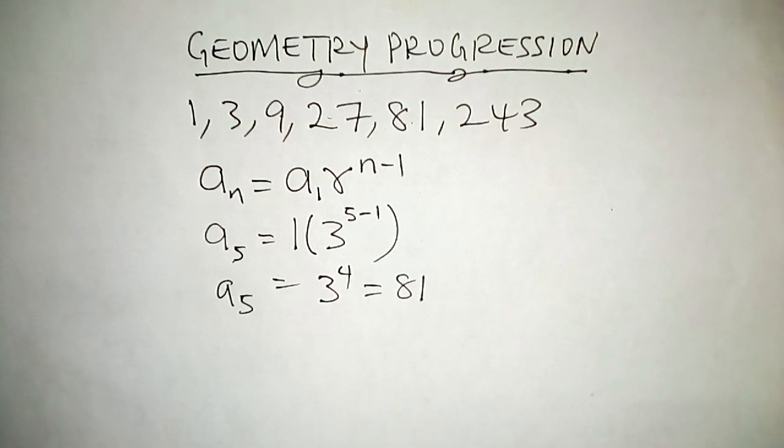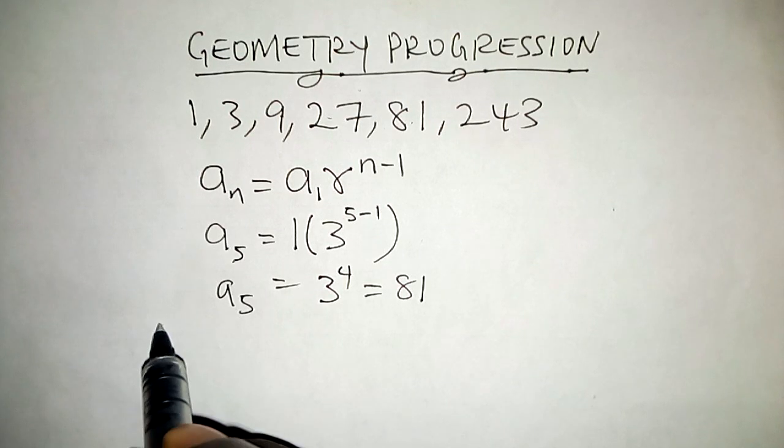So let us talk about how to look for the sum of, let's say, the first 5 terms. Now this has to do with geometric sequence or geometric progression, as the case may be.